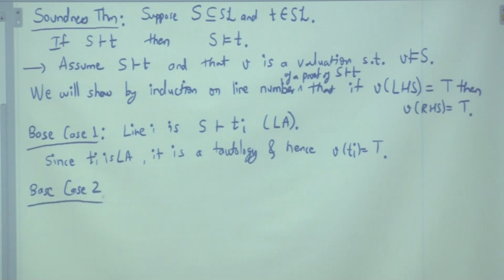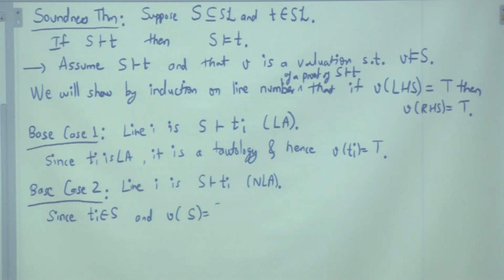Base case 2: line i is S proves Ti, NLA. Since Ti belongs to S and V of capital S is true, V of Ti is also true. Done, because it belongs to capital S and V makes everything in capital S true.